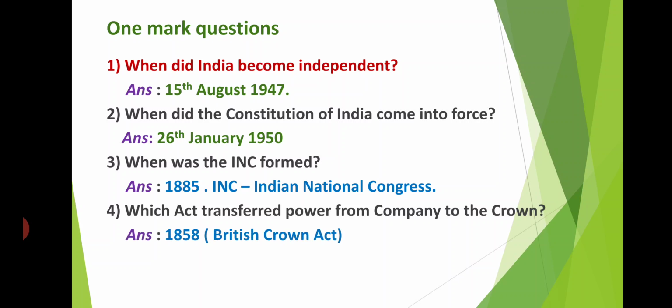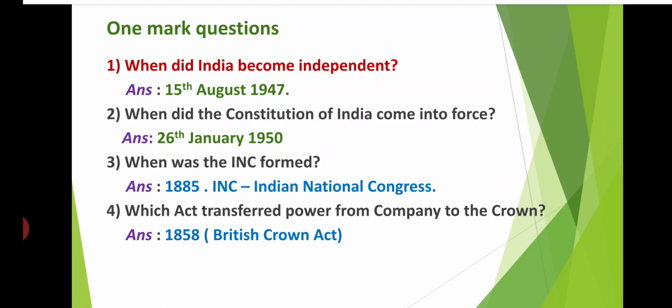That act is called the British Crown Act. The answer is 1858, and I will write in brackets that it is called the British Crown Act. This is most important: in 1858, the company transferred power to the crown.